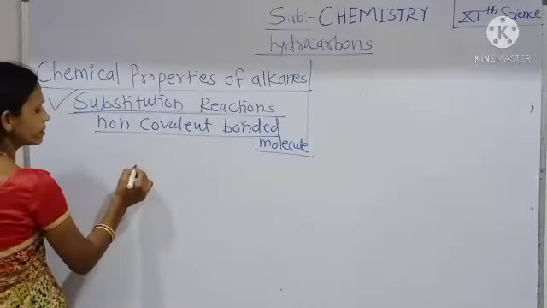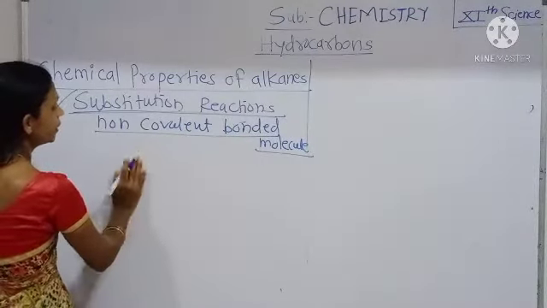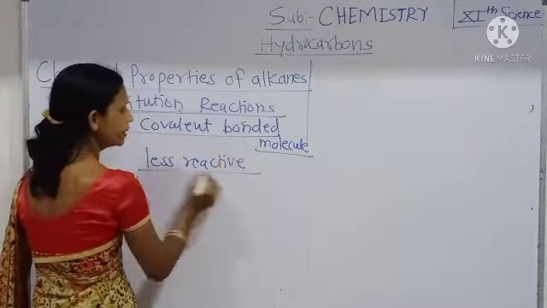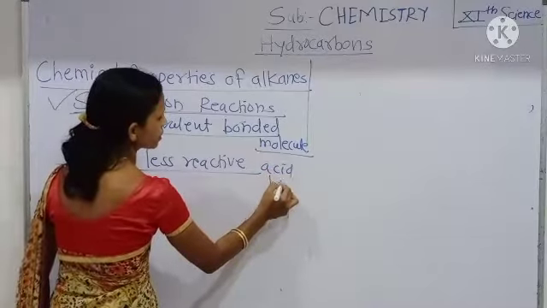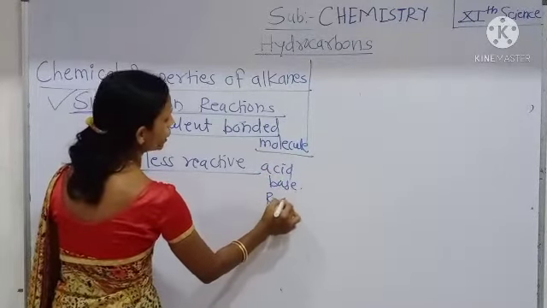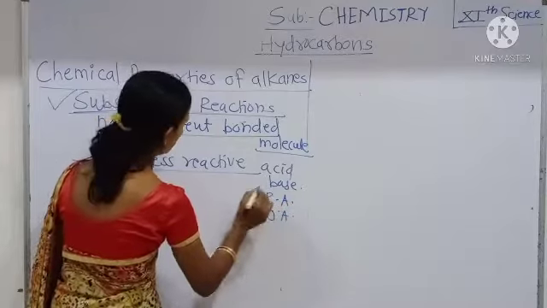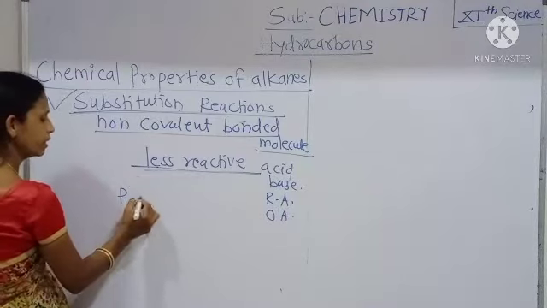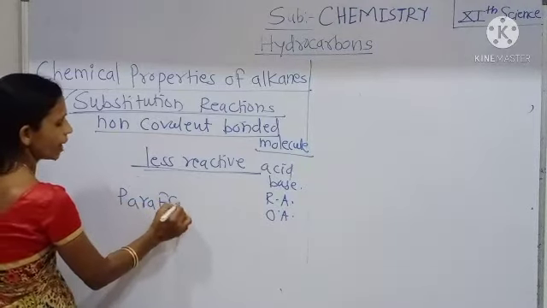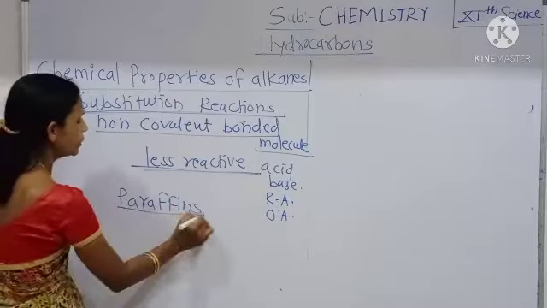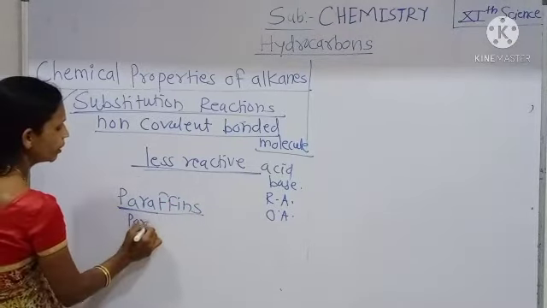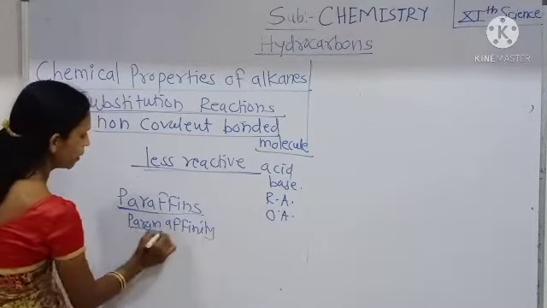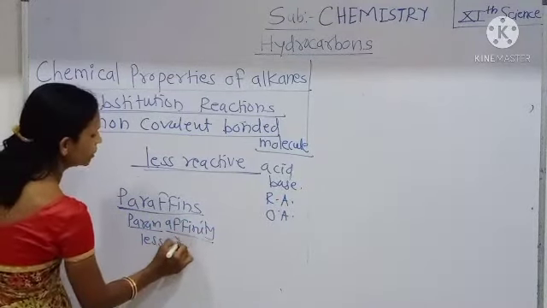Generally, alkanes are less reactive towards acids, bases, reducing agents, and oxidizing agents. As they have less reactivity, they are known as paraffins. Paraffins means parum affinis: parum means less, affinity means reactivity.